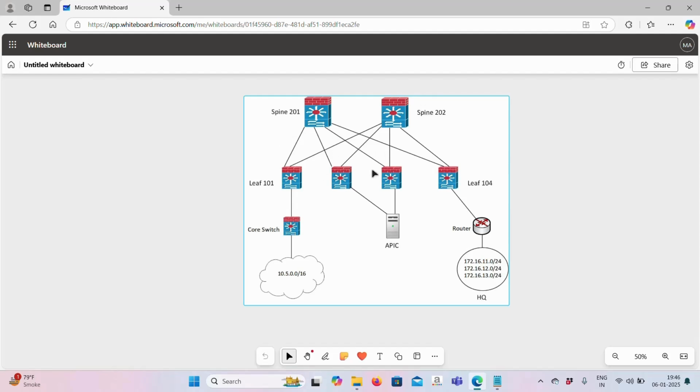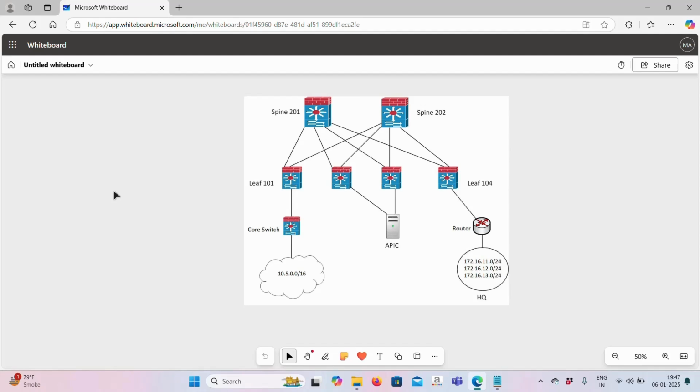In ACI, we are using iBGP as a protocol, and the spine switches work as route reflectors. So whenever we receive a route from a leaf switch, that route will be redistributed inside the ACI fabric, so all the leaf switches in the ACI network will learn about this external network. Similarly, the ACI routes will be advertised to the external L3 leg, so that two-way communication will happen. So that is the role of MP-BGP in ACI, guys, right?